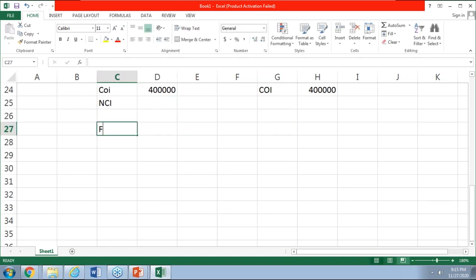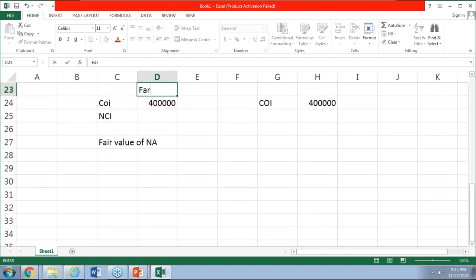Now, fair value of net assets. So in the fair value approach, we take the fair value of NCI. So assuming the fair value of NCI is 2,50,000.